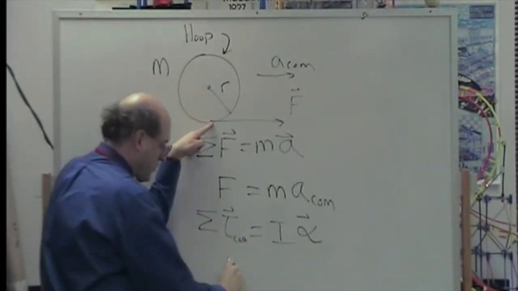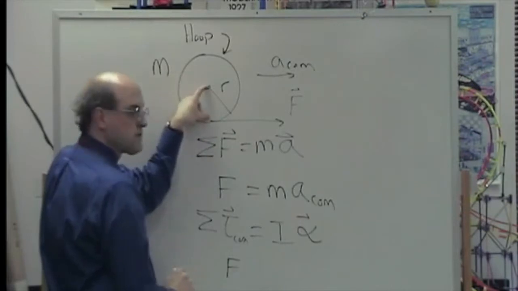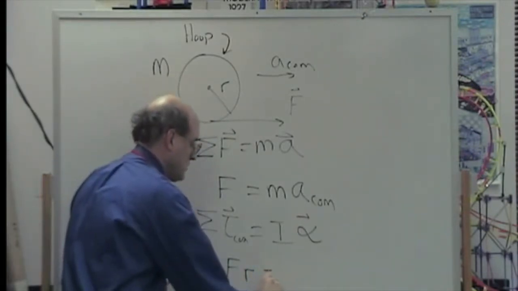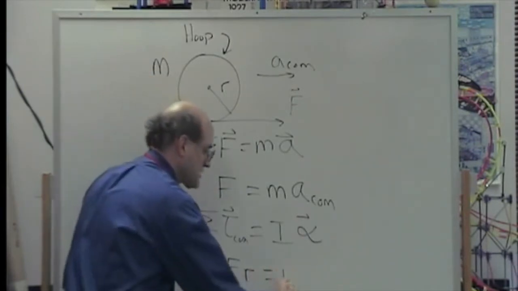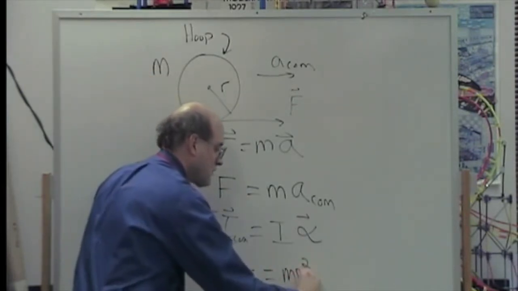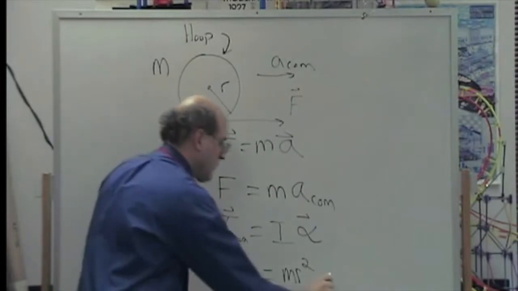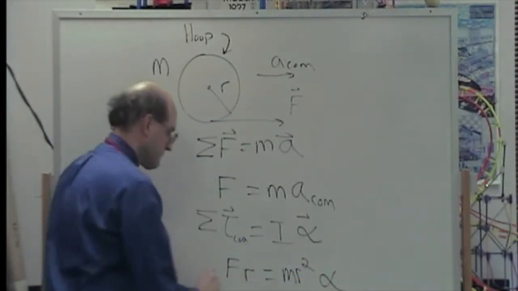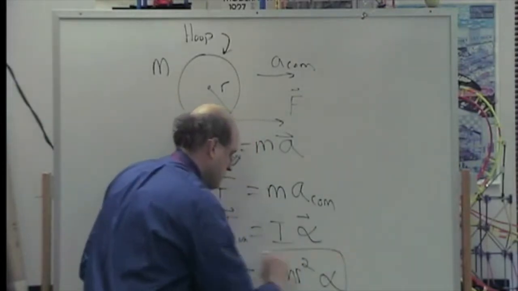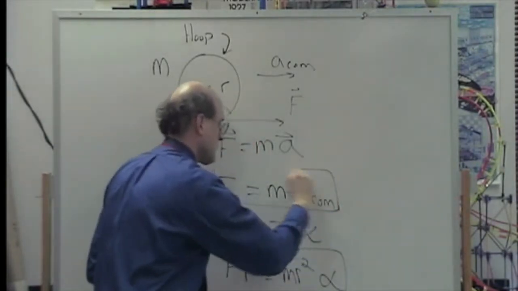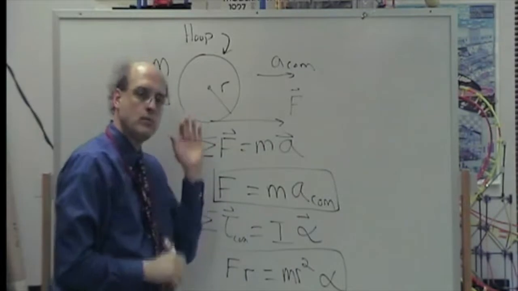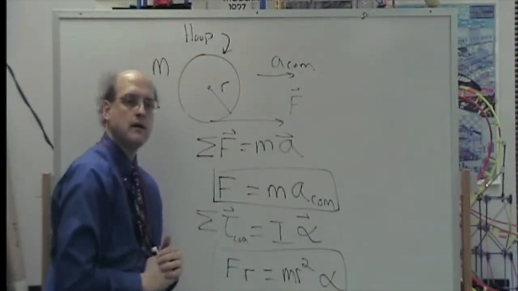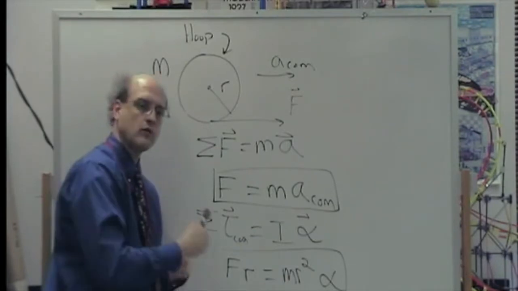So we have the force times the moment arm, R, is equal to I, which is mr squared for a hoop, multiplied by the angular acceleration. So the hoop will accelerate translationally and it will accelerate rotationally.